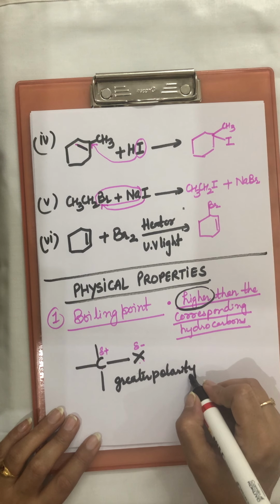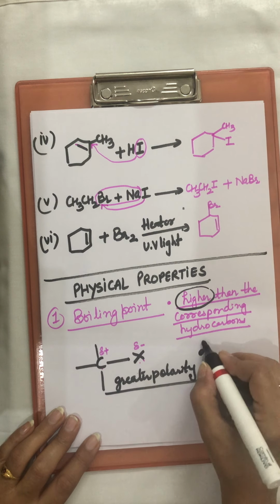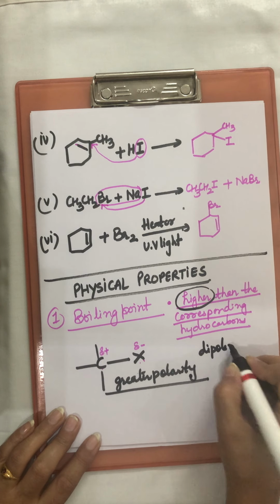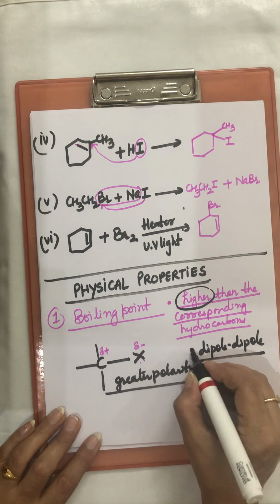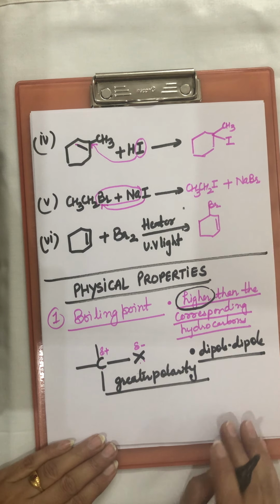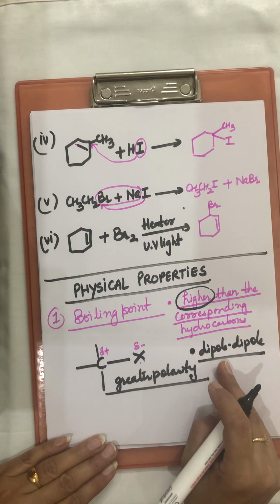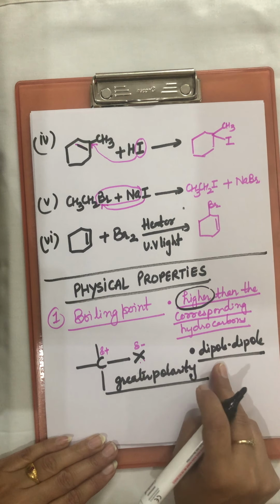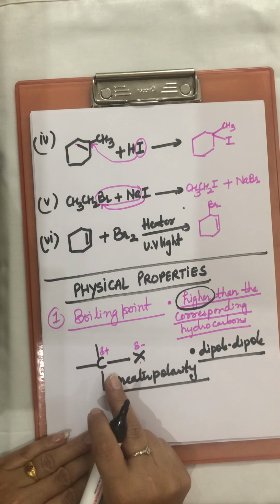So in haloalkanes there is greater polarity and higher molecular mass as compared to the parent hydrocarbon. Because of the greater polarity, there will be dipole-dipole interactions in haloalkanes, while in hydrocarbons, weak van der Waals forces are there. Since dipole-dipole interaction is stronger than van der Waals forces, it is difficult to break, and hence the boiling point of haloalkanes will be more.